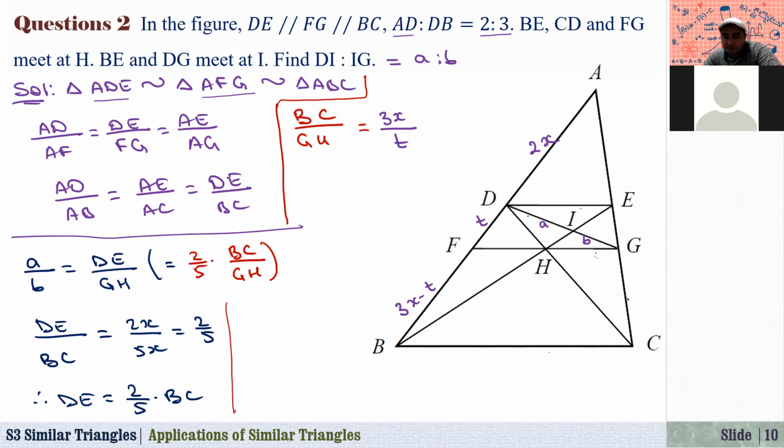Now from here, you can just write 2x over T. That is this over this.